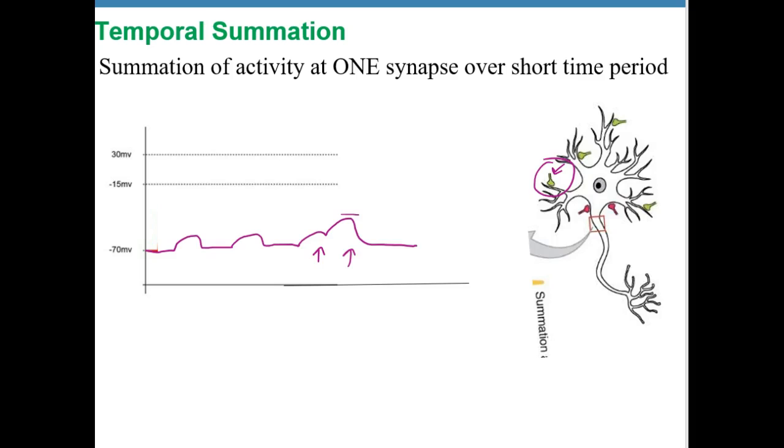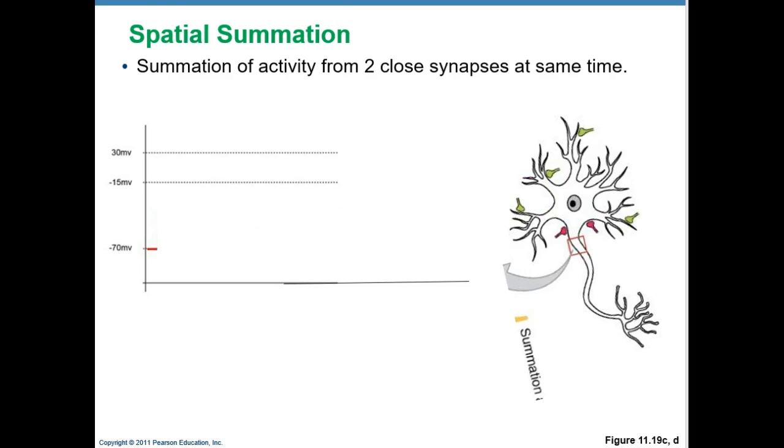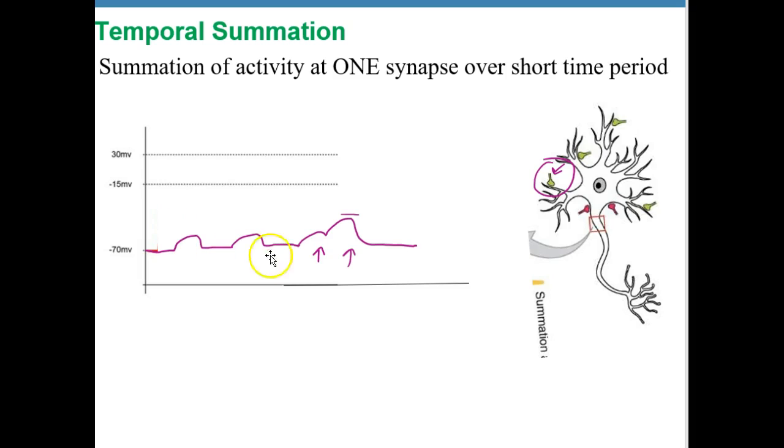With spatial summation, now what is going to be constant is time, so you're going to have activity at multiple synapses happening at the same time. Only in this case, if I go back here, it only works if the multiple bouts of activity come with very little time in between them.